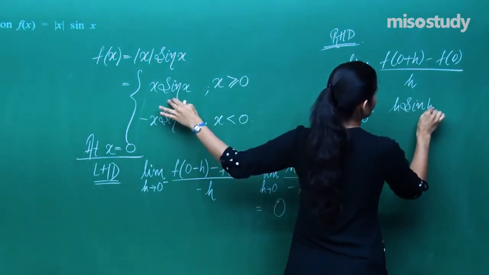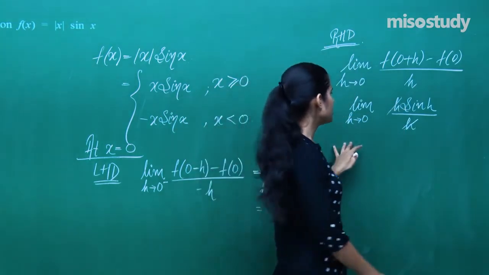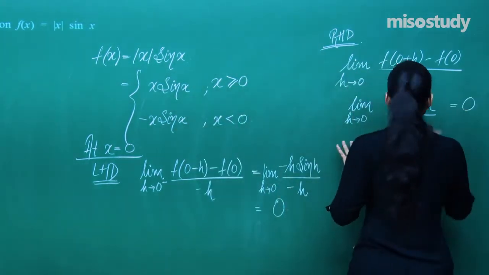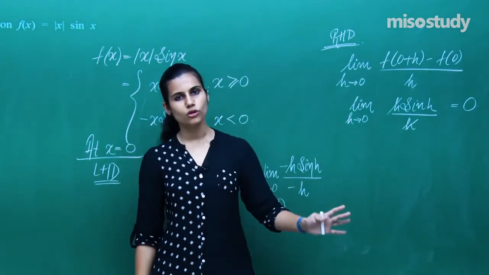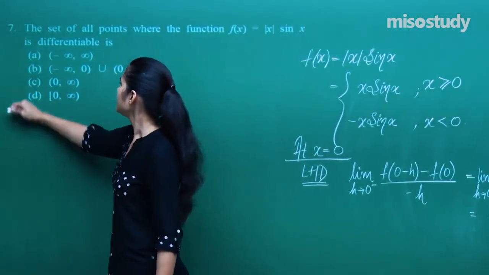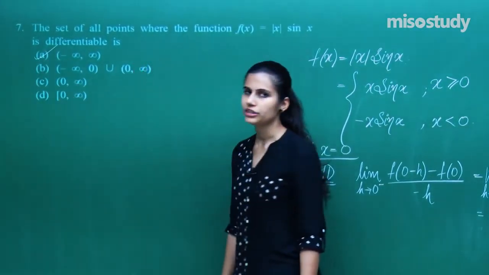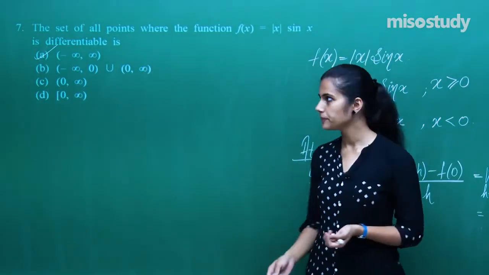Again, f of 0 is 0, whole upon h. So, you are just left with again limit h tends to 0 sine h, which is 0. So, you are getting that yes, the function is differentiable at 0 also, before 0 also, after 0 also. So, basically it is differentiable everywhere. The answer is that on the entire real line it is differentiable, which is the open interval minus infinity to infinity.